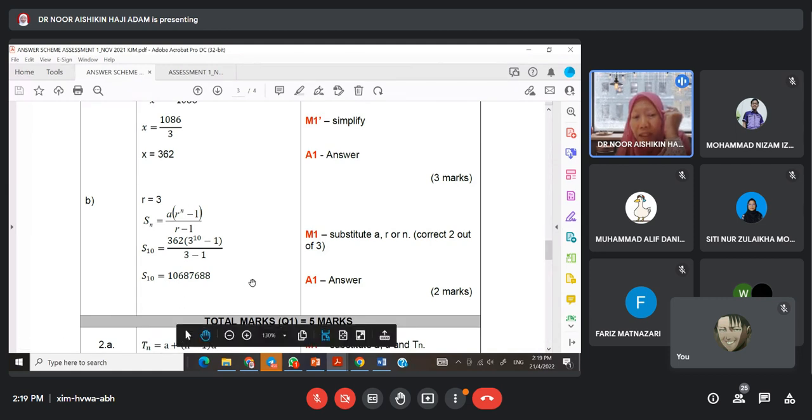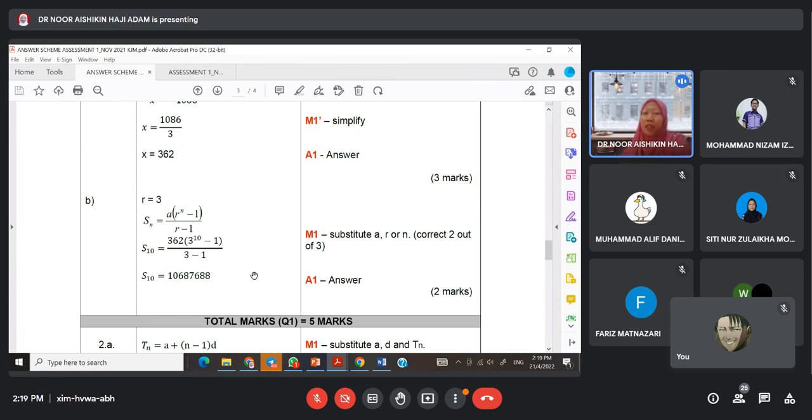Okay? So siapa yang buat lain daripada macam formula is not stated, atau kalau pun dia tak nak tulis the actual formula, you nak terus pergi pada S10 equals to 362 bla bla bla, pun boleh. That shows us that you know which formula to choose.